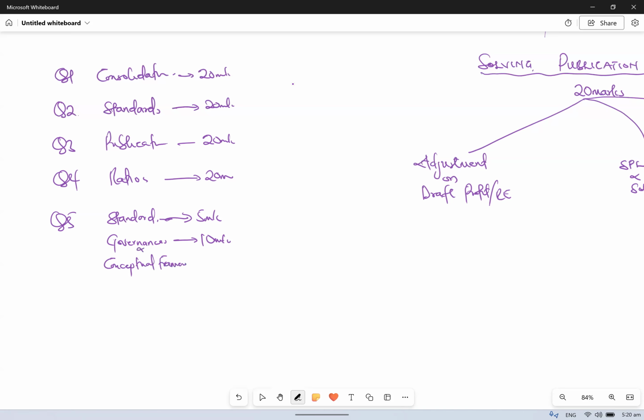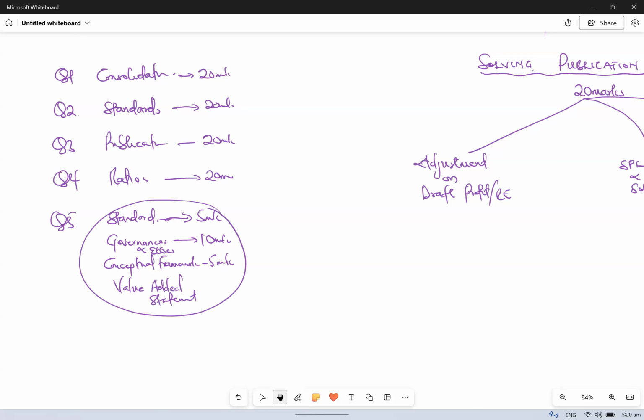Ethics and governance is 10. Then conceptual framework adds up to the 5 marks. So when you are learning, situate your learning well. Sometimes they even make it about value added statements. So you should have an idea about these varying areas.